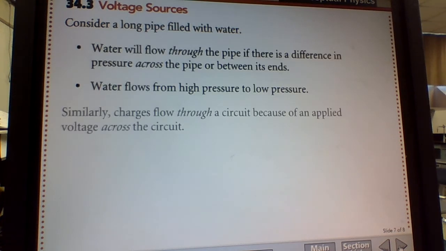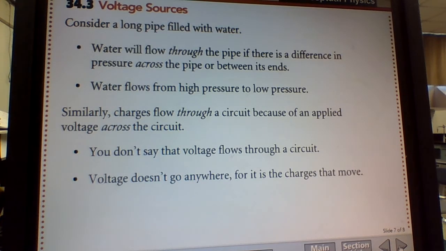And so, again, one way to think about it is this idea of a set of water pipes. If we have a long pipe that has water, water is going to flow through the pipe if there's a difference in pressure across the pipe or between its two ends.